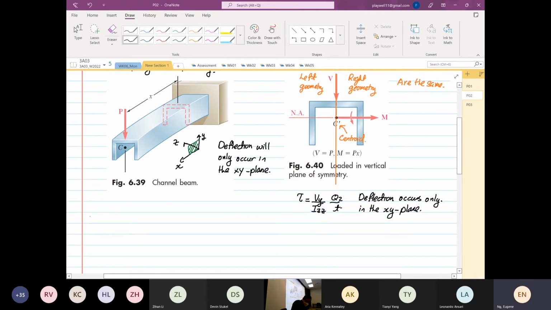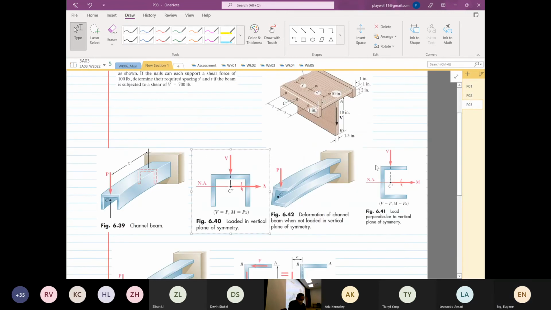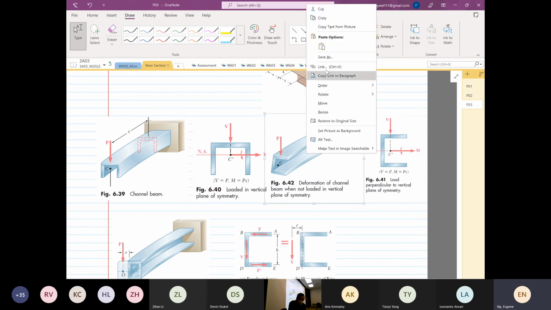Then we have another condition. I'm going to show you the condition of unsymmetrical loading. Okay, so I'm going to copy this.